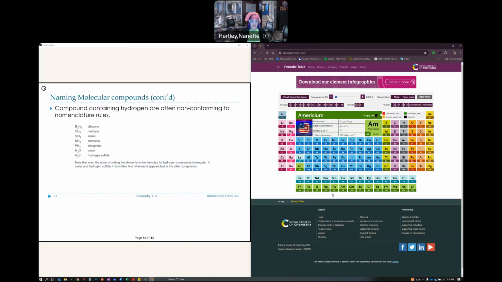Okay, now again, compounds containing hydrogen are non-conforming to nomenclature rules. Okay, so some common things that we talk about: CH4, so carbon tetrahydride. H is at the end, hydride, so is also called methane.